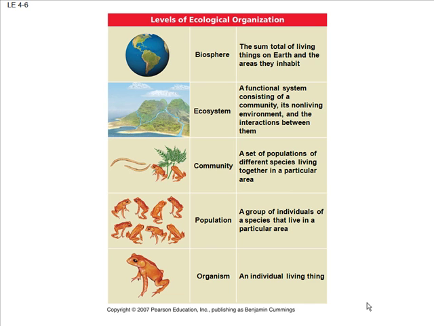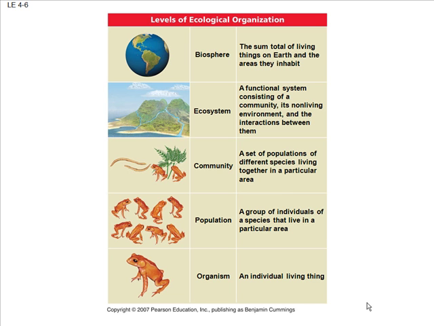At the organismal level, we're talking about one individual living thing, right? So the science of ecology describes the relationships between organisms and their physical environments. So they're organisms in temperature or organisms in water needs, etc. So that's kind of what's going on there. It's almost like a study of physiology of the organism.